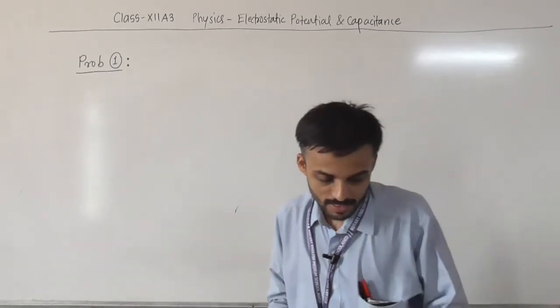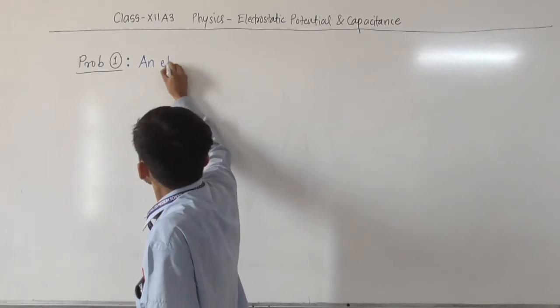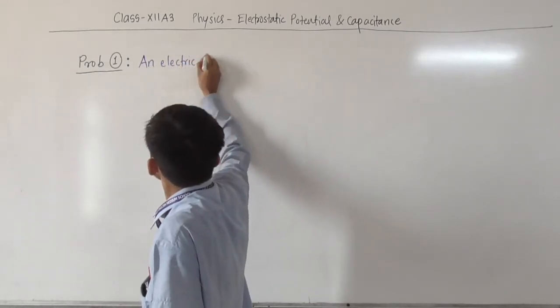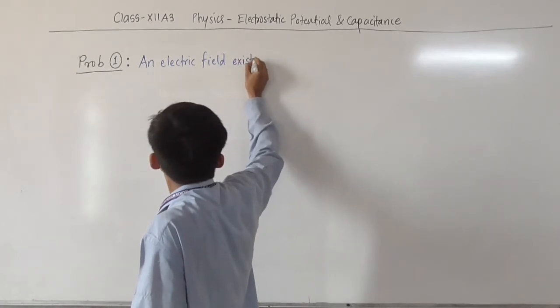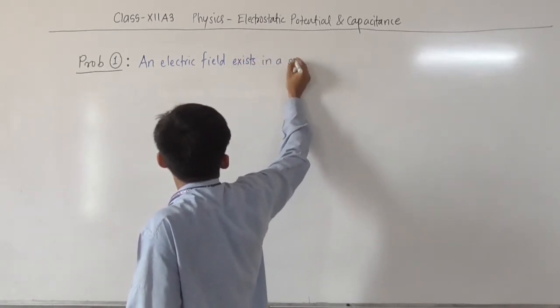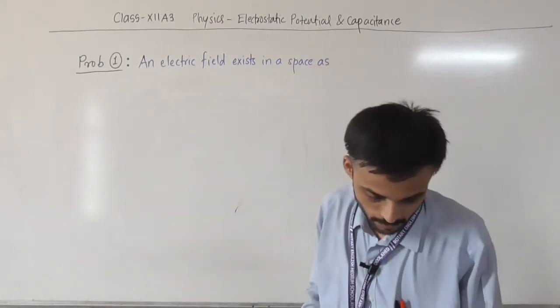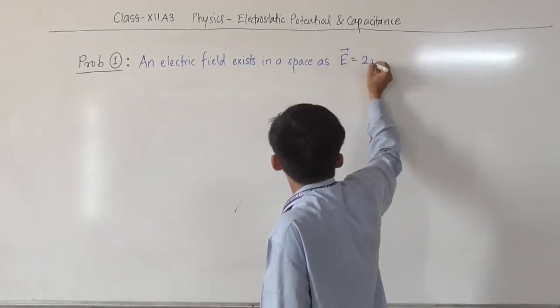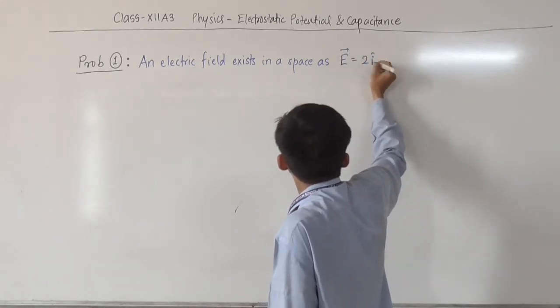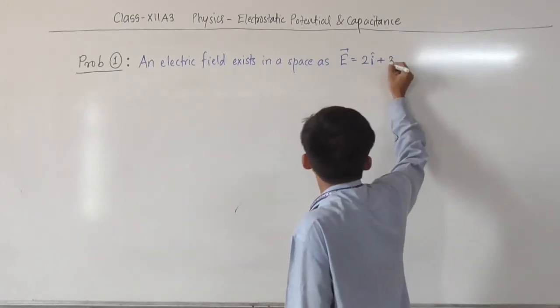An electric field exists in a space as E is equal to 2 i cap plus 3 j cap plus 0 k cap.